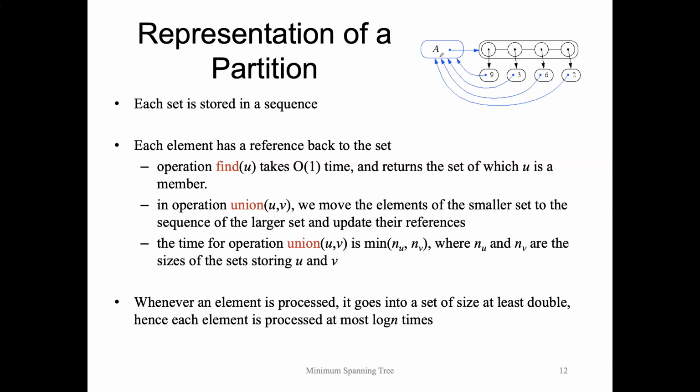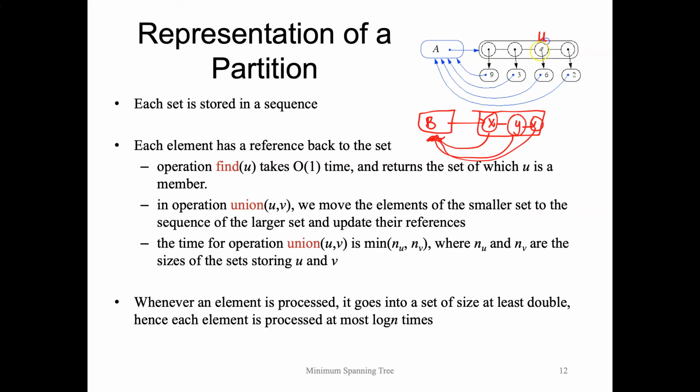And if we have vertices that belong to separate clouds, say we have here cloud B, which contains vertices, let's just say this is X and Y, and both of them belong to cloud B and have a pointer back to it.